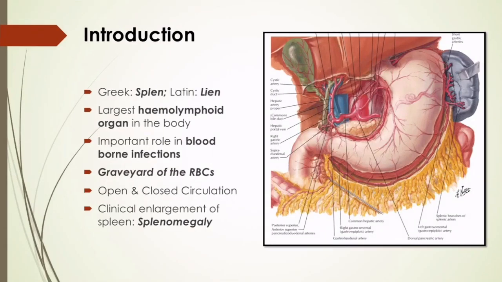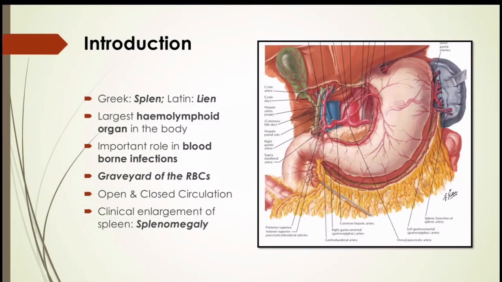All these things, if they do not occur smoothly, can lead to a wide range of clinical manifestations, most of which present with a clinical sign known as splenomegaly. Open and closed circulation, another interesting concept. Now you have already studied the vascular system in histology, right?